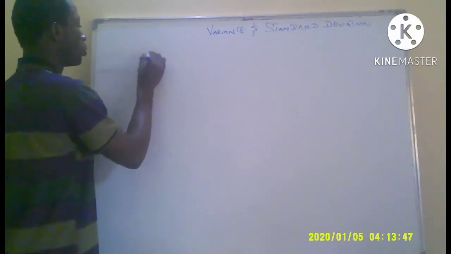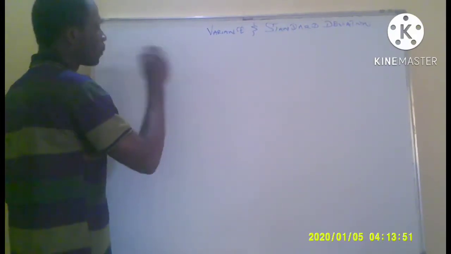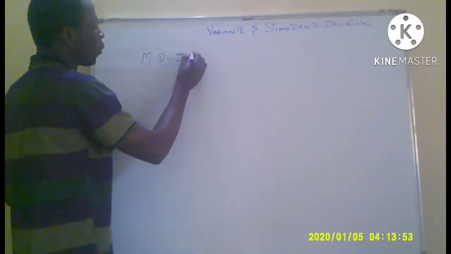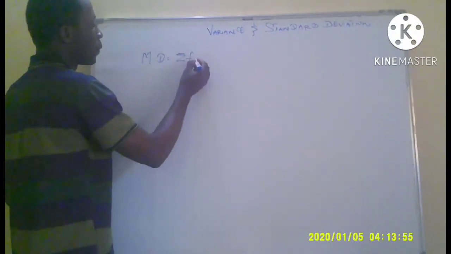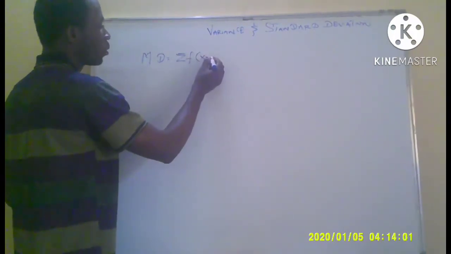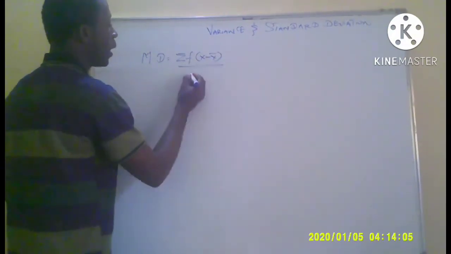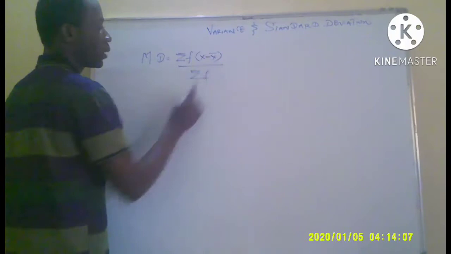the mean deviation, let me represent it with this symbol MD, is the sum of frequency into bracket x, which is the midpoint, minus the mean, then bracket all over the sum of frequency.